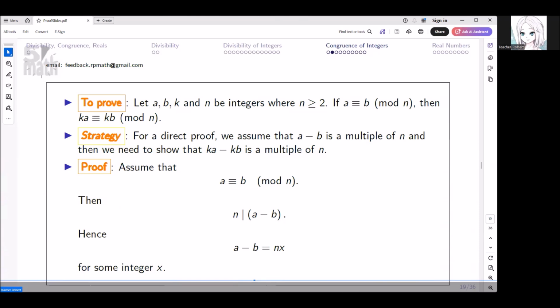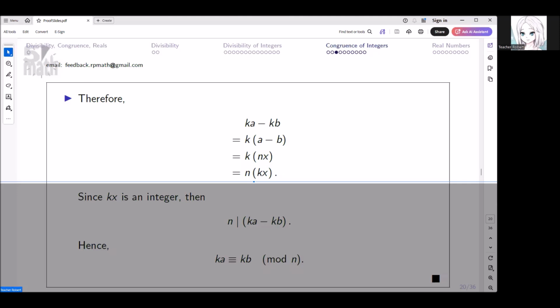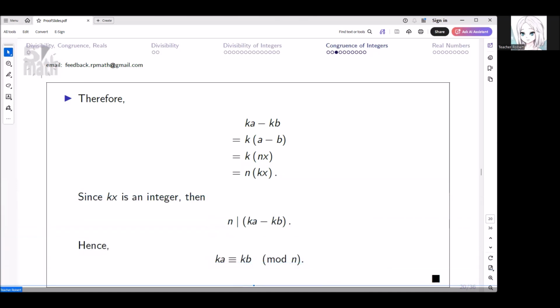Assume that a is congruent to b mod n. Then n divides a minus b. Hence, a minus b equals nx for some integer x. Therefore, we have the following. Since kx is an integer, then n divides ka minus kb. Hence, ka is congruent to kb mod n.